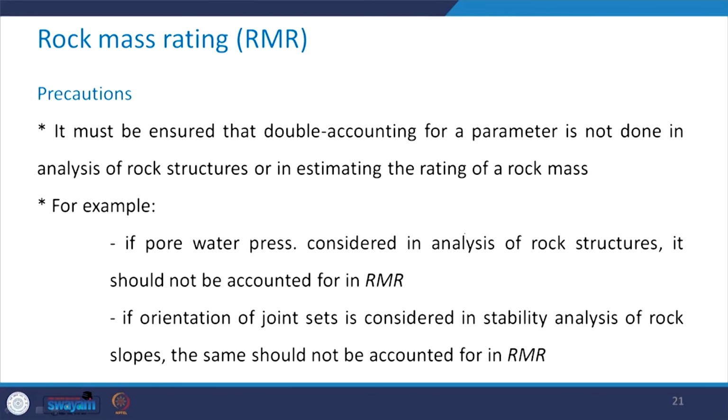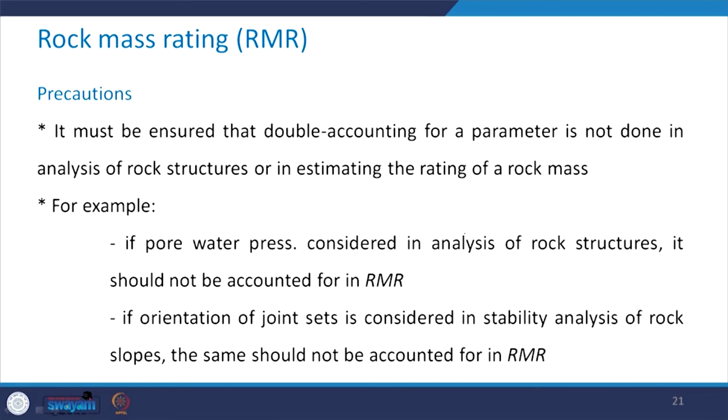Some of the precautions that we should keep in mind when we use this classification system, that is rock mass rating. We must ensure that double accounting for any parameter is not done in the analysis of rock structure or in the estimation of the rating of the rock mass.